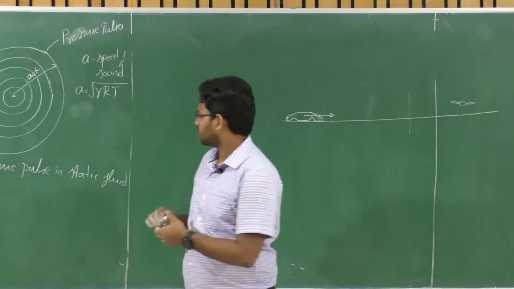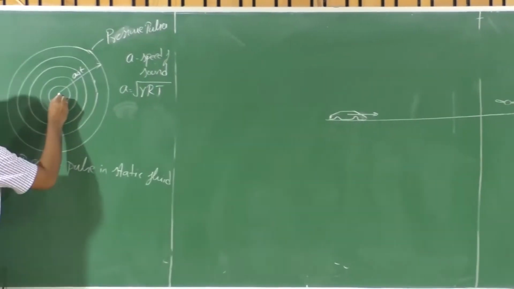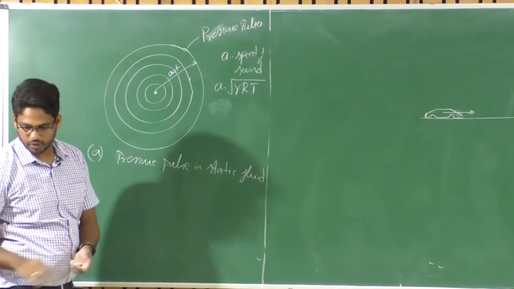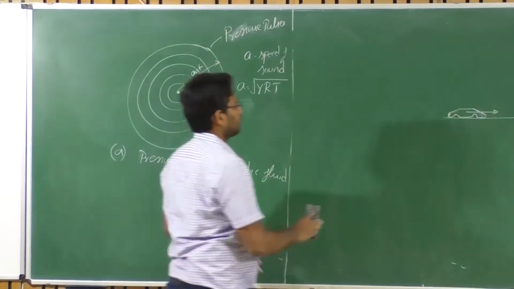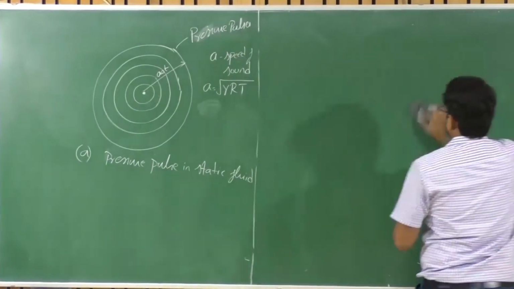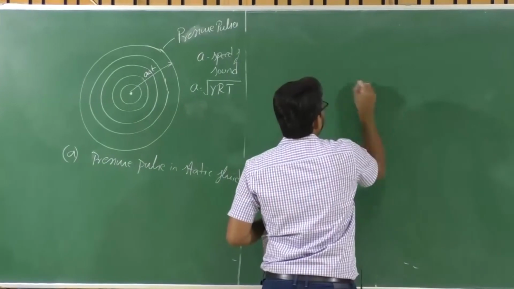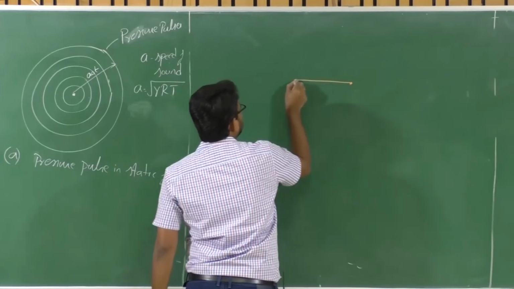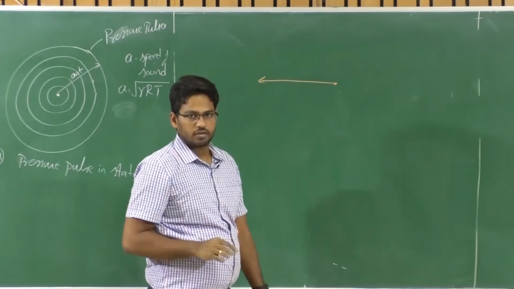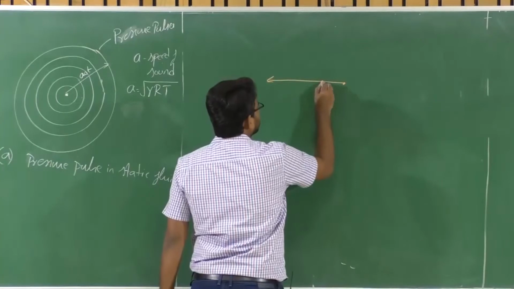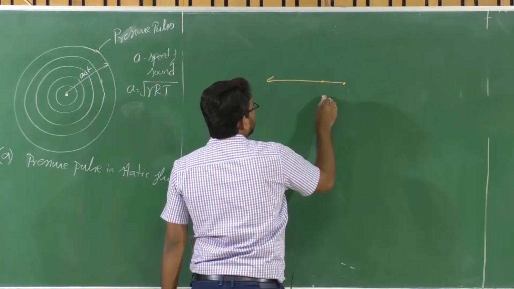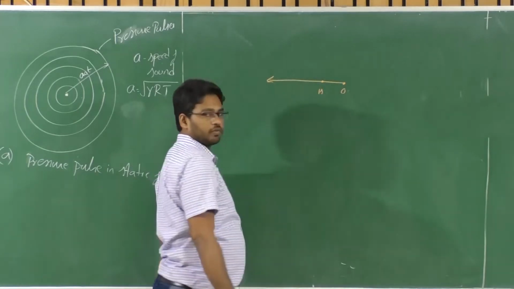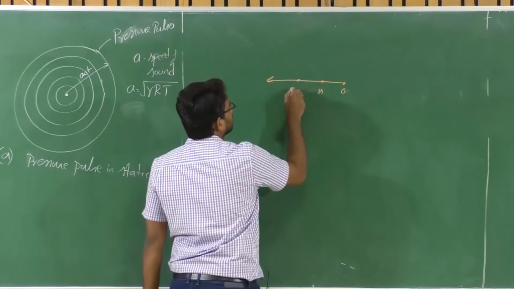Okay, so now consider the case where the position of this disturbance keeps moving. To understand it better, let's consider this. Let us say this is your initial point of disturbance and then you are moving in this direction, right? Let us analyze this disturbance at, say, this is at time t0, and this location corresponds to time 1 second, and this location corresponds to time 2 seconds.